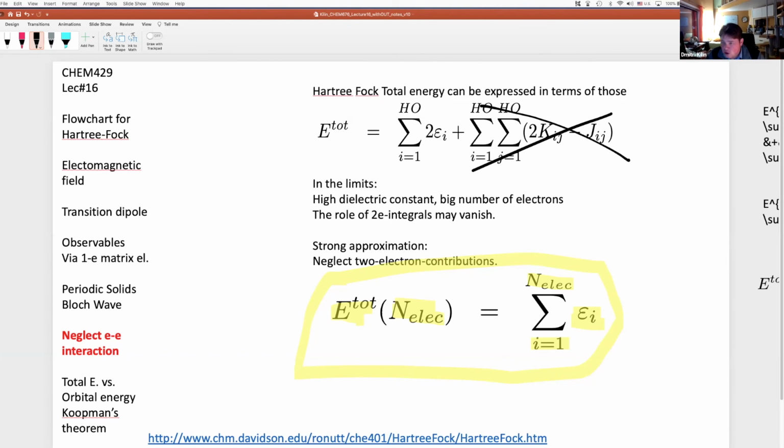This is very wrong. In practical situations, it is a very big approximation. But for easy life, let's temporarily forget about them. Then, for the total energy of a system with so many electrons, we need to add together the energies of all occupied orbitals, right?